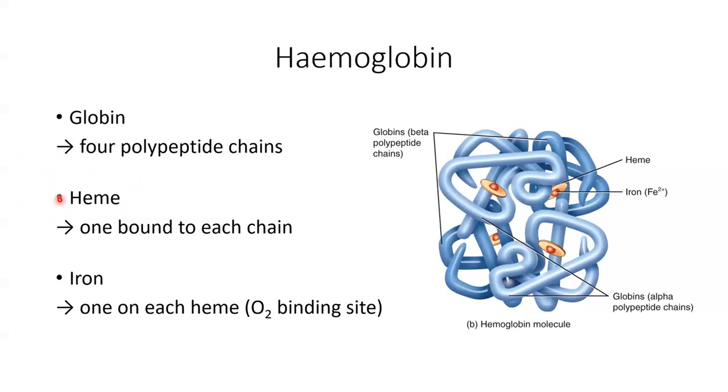To each heme is an iron atom, and it's here that the oxygen actually binds to the hemoglobin. So we have our 4 chains of polypeptides here. Our heme is the yellow, the red circle is our iron, and that's where the oxygen molecules will bind to this hemoglobin.